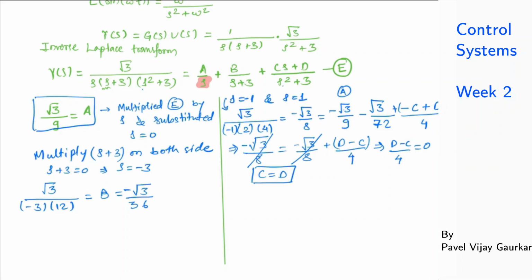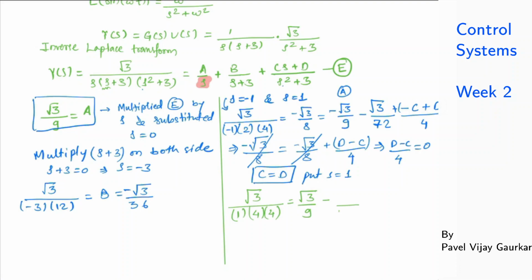Now we will substitute s equals 1. So we have under root 3 here. Put s equals 1. So 1 and 4 and 4 again is equal to a minus, so 3 plus 1 we have 4.